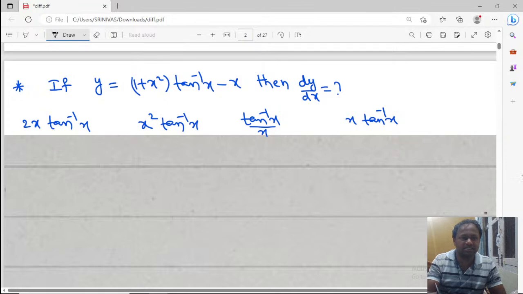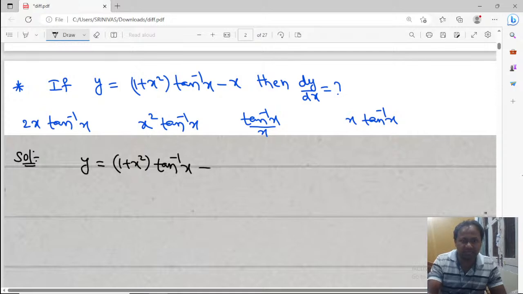Yes, this is the easiest problem. So what is given in the question? y is equal to 1 plus x square into tan inverse x minus x. We need to differentiate with respect to x.